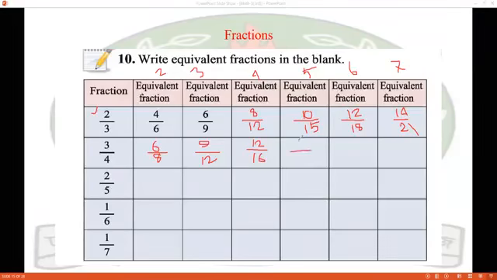Here we write 15 by 20. Here we write 18 by 24. Here we write 21 by 28.